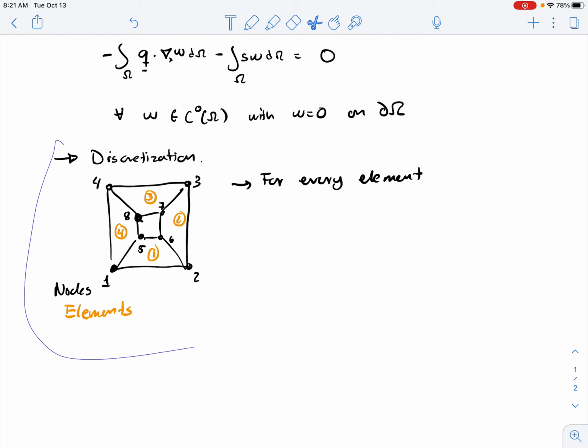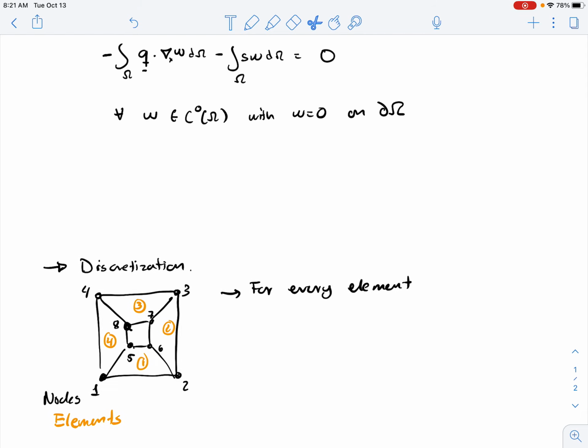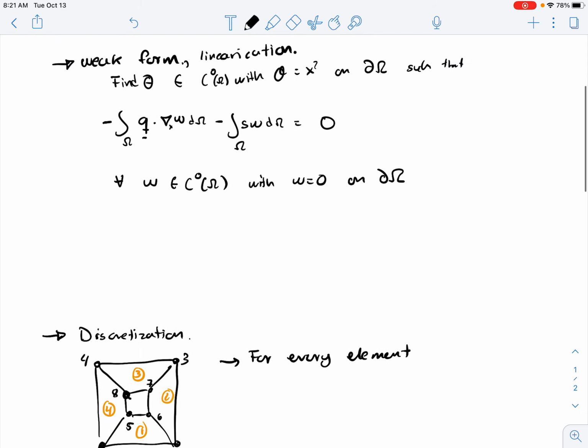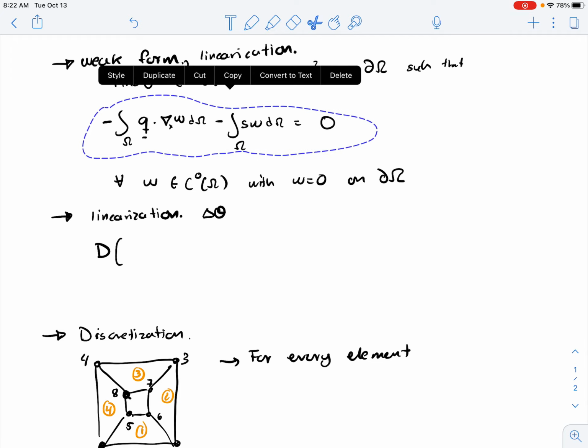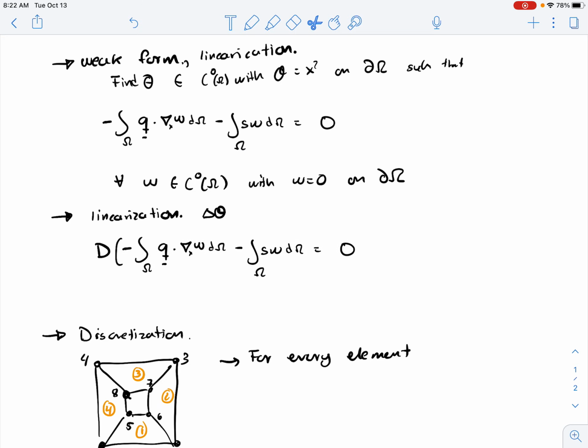Maybe I should write that out. Sorry about this, because I need it here. So I also need the linearization in the direction of some increment. So that would be the linearization of this in the direction of some increment.